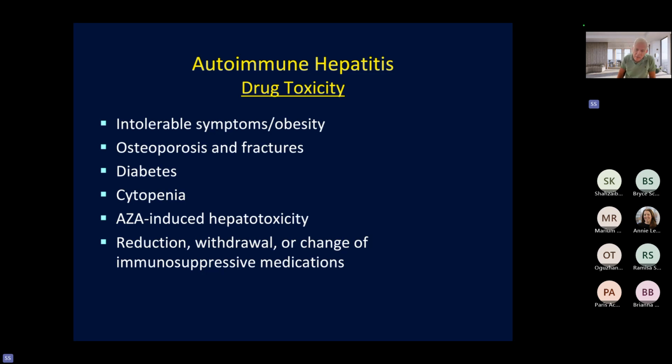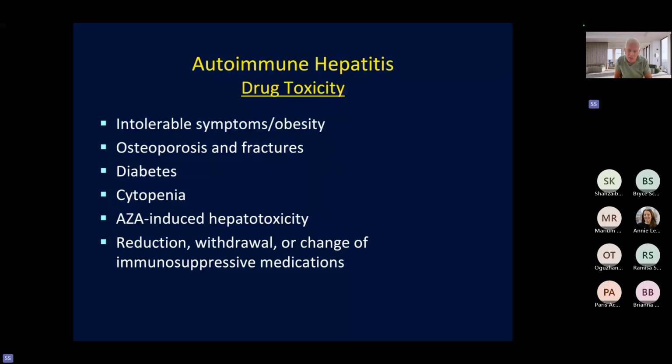And remember that lowering the white blood cell count to a level of about 3,000 to 3,500 is a treatment goal. If you have a patient on azathioprine or any of the thiopurines, and they come in with a white count of 8,000 or 10,000, you're probably not giving them sufficient drug.